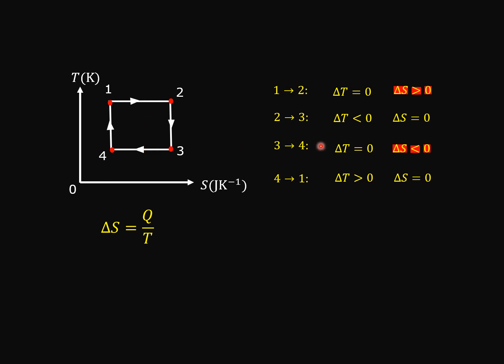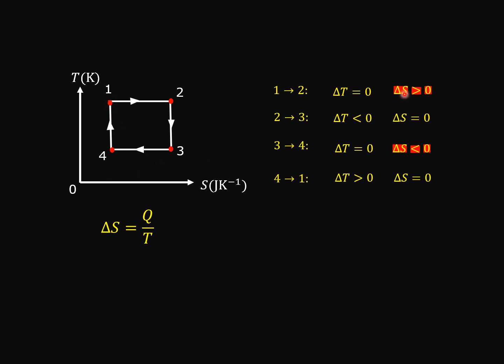Because entropy itself is a state function. When the state starts from state number 1 and goes through states 2, 3, and 4, and finally comes back to 1, the entropy change must be equal to 0, because entropy is a state function.